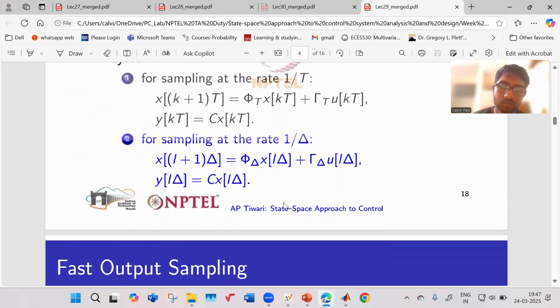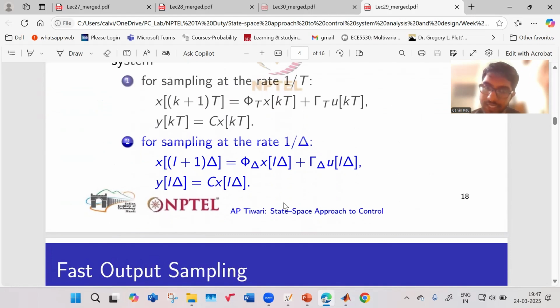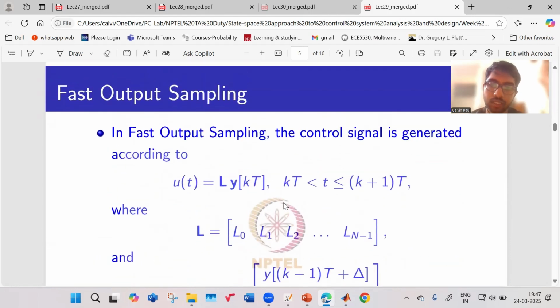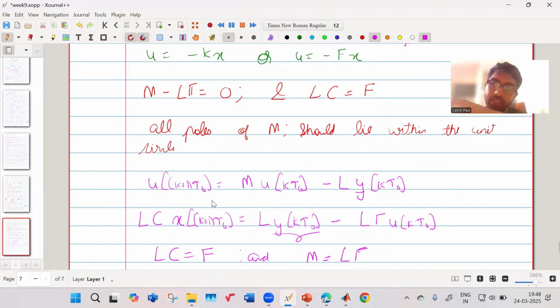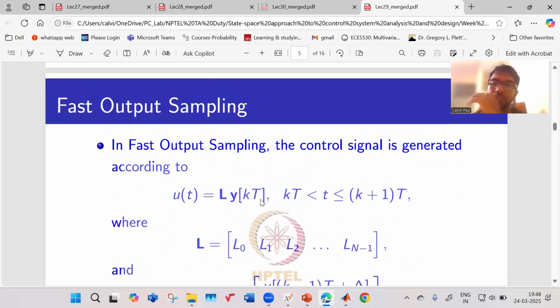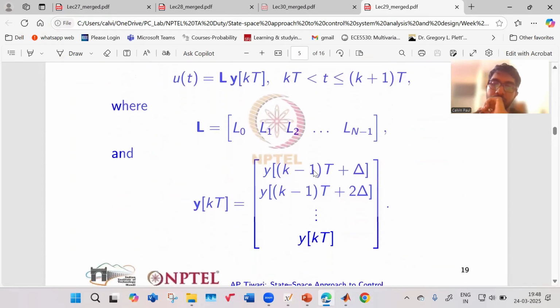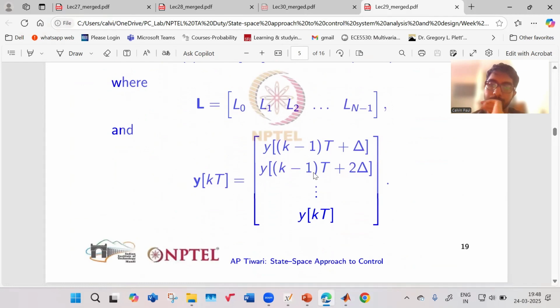Okay, so the output is sampled at 1 rate. All the outputs in this control signal are generated according to U of t equal to y of t. So in the previous case, what we have shown is that my input is dependent on the previous input as well as on the samples of my output. In this case, it is just dependent on your y of t. L is also this. And this is the KP.